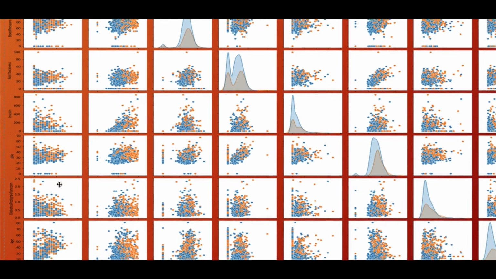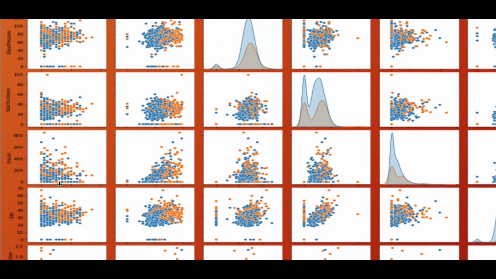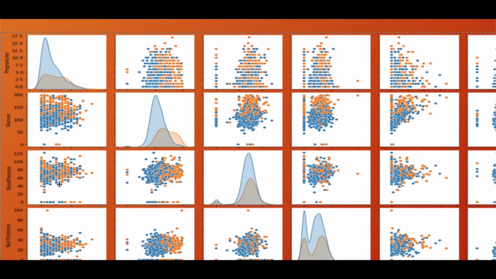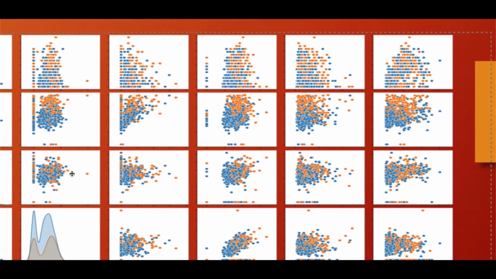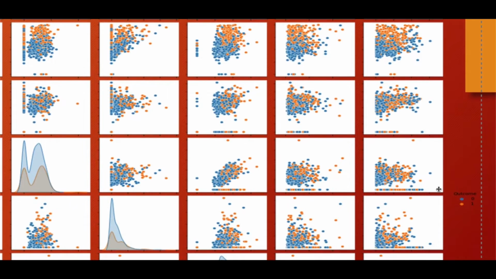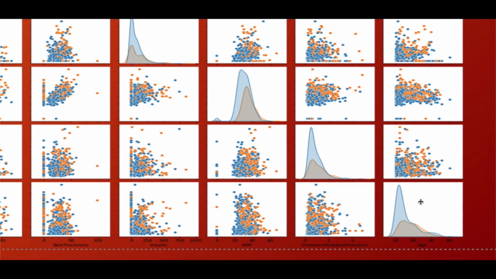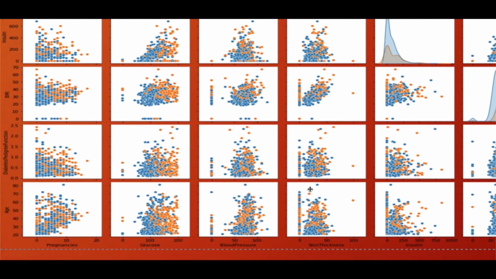It can be a little overwhelming to see, but it gives very precise descriptive information of all the information that we have collected. And the different colors you can see over here are the different outcomes, blue being 0 and orange being 1. And this recaps everything that we have gathered in a more precise, detailed manner.